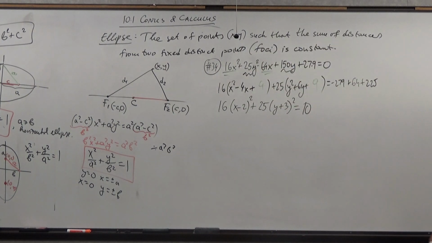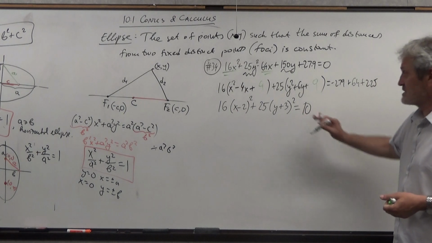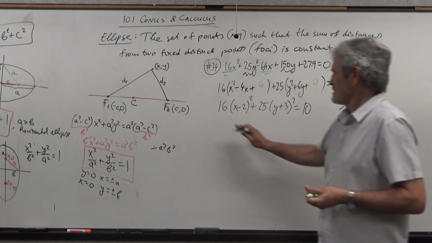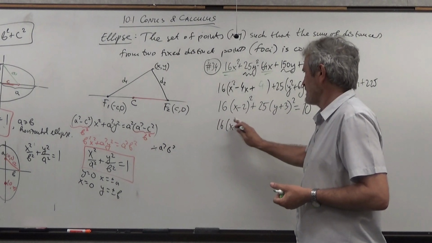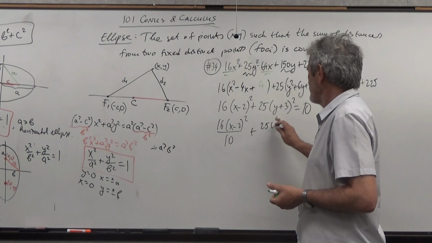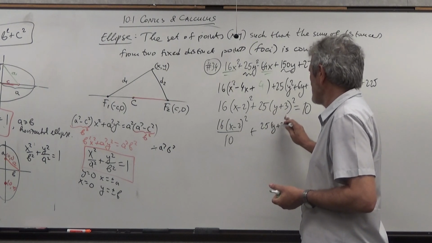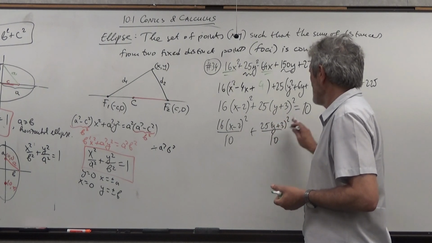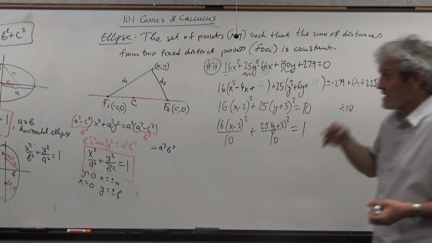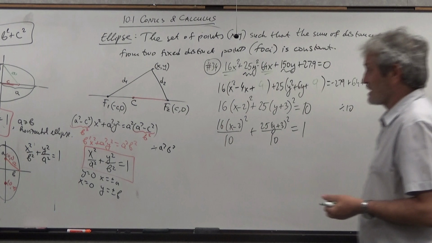So when you want to read the equation of an ellipse, of course there is some shift. The main thing is to build 1 here. So divide by 10, no matter what happened on that. So we get the following: 16 times (x minus 2) squared over 10 plus 25 times (y plus 3) squared over 10 equals 1. But then if I want to read the equation, I cannot have anything next to (x minus 2) squared.